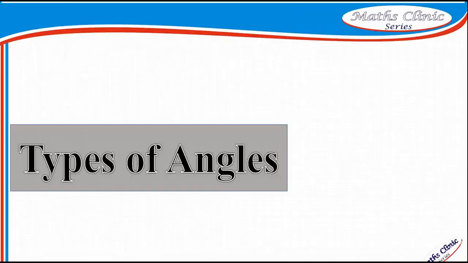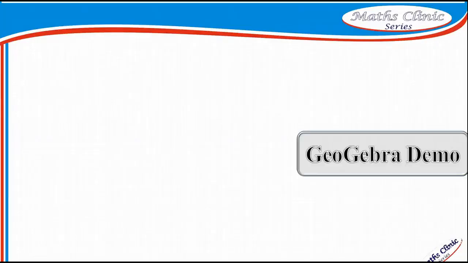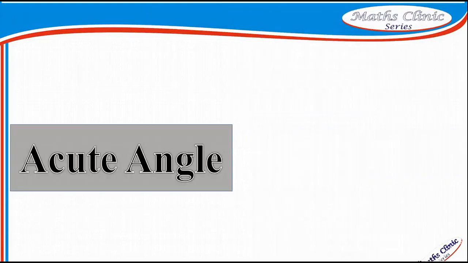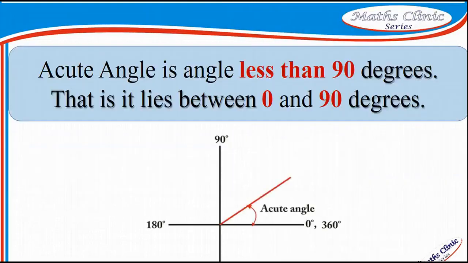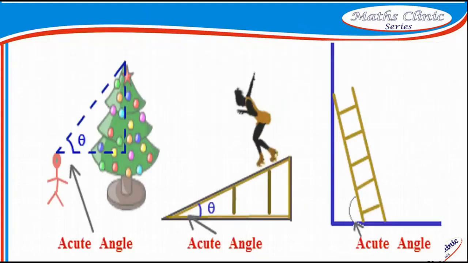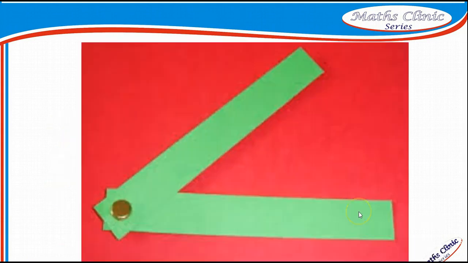So types of angles has been explained, and we said acute angle. You can pause the video and write some things down for yourself, right? So it's acute angle, and the definition is as such. These are real life examples of acute angles. You can see an acute angle here, acute angle there.